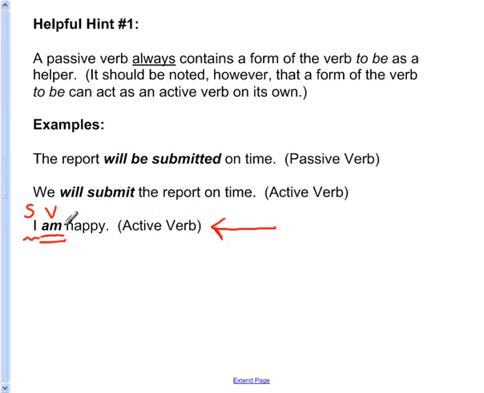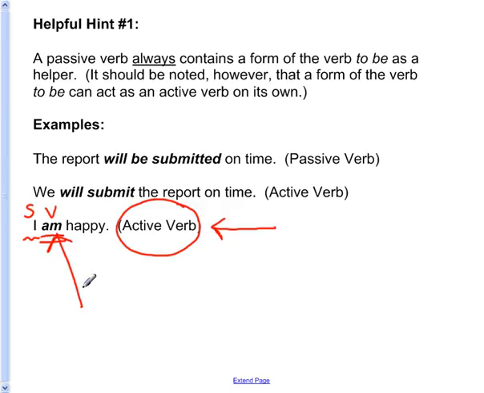Something or someone is being something. So we ask ourselves, is the subject I being something? And yes, the subject is being something. So in this active verb sentence, am is the active verb. So be very careful. Just because you see a form of to be in the verb doesn't necessarily mean the verb is going to be passive.